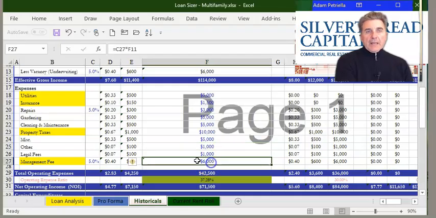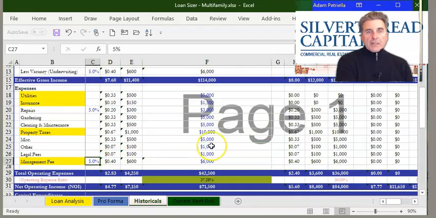And then there's the management fee, which is generally 5% of the gross income, which was 120,000 times 5% is 6,000. We've baked in the percentage here. Generally, this is a little high on the percentage. Maybe we've kind of double counted a little bit, cleaning and maintenance and repairs.